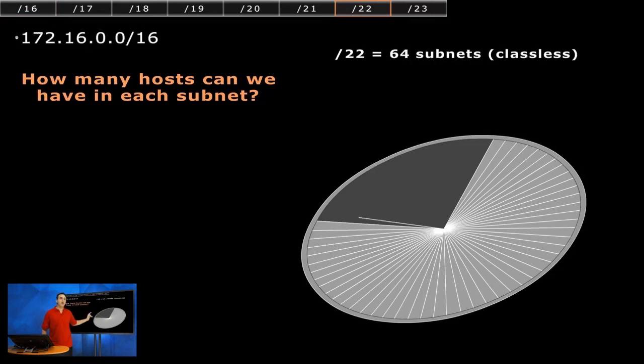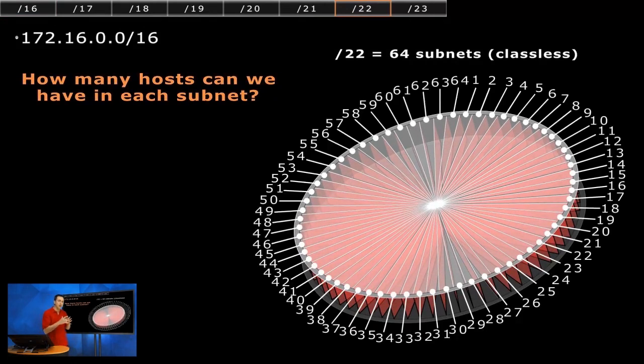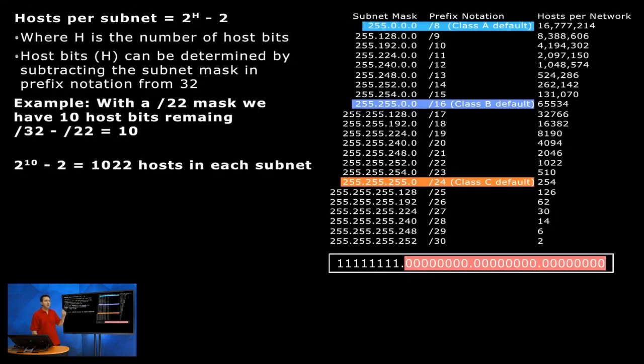Each one of these little pies, each one of these little subnets, can support 1,022 usable IPv4 addresses. So now I know just by using this equation: 2 to the power of h, h being the number of host bits left over, minus 2.